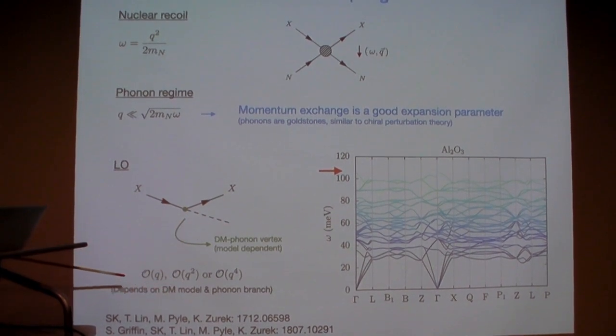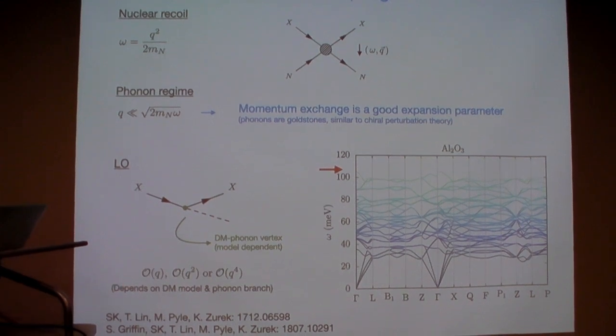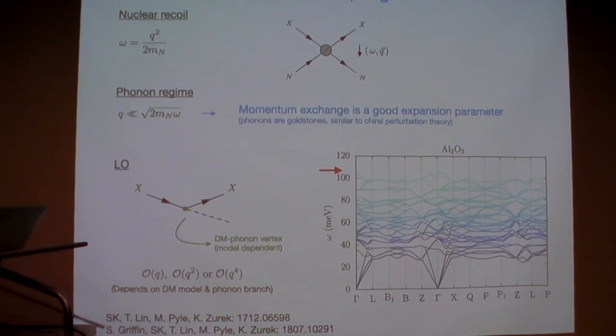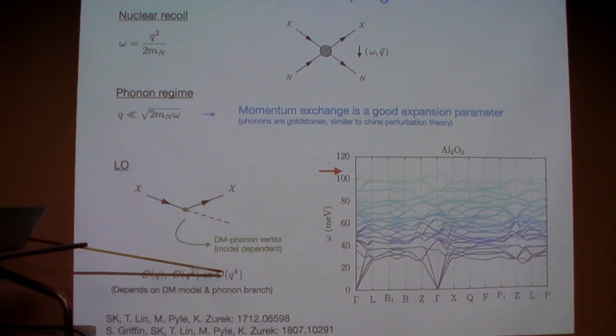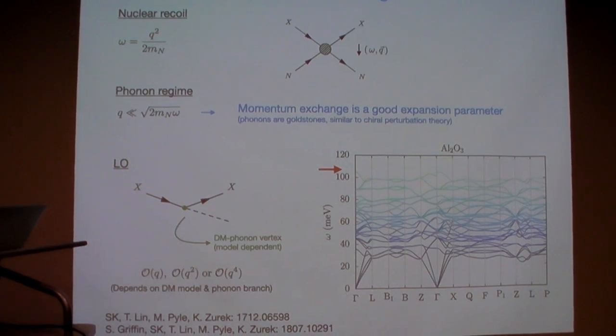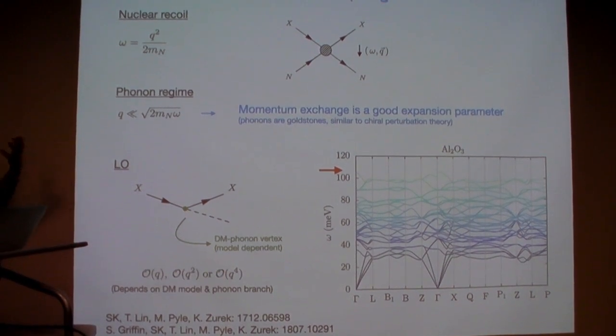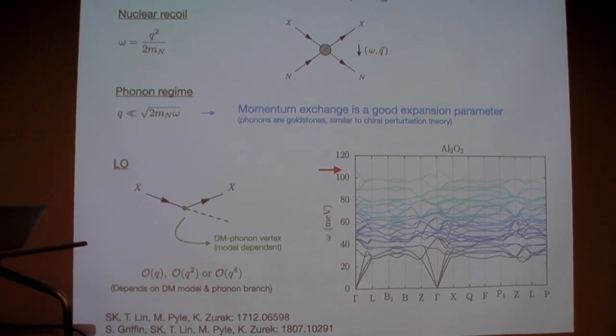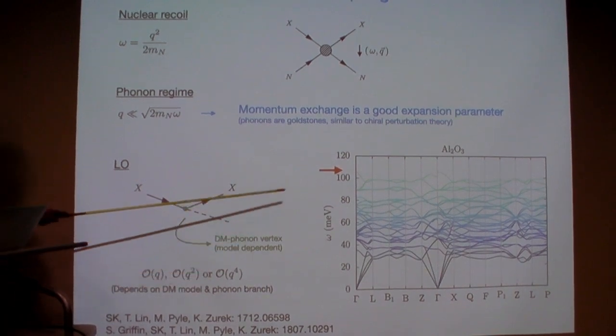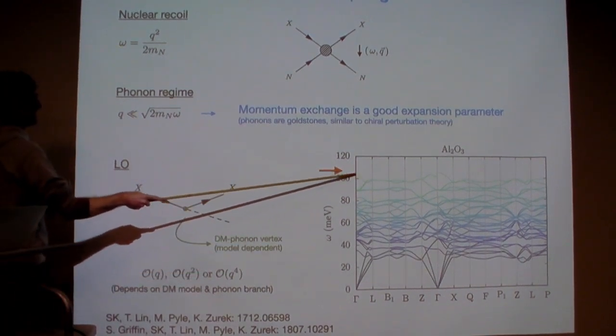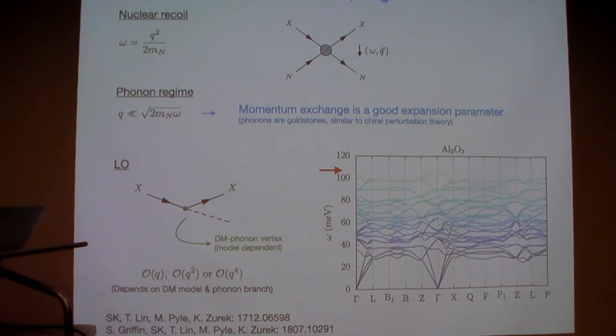Which phonon you produce depends on which dark matter model you're looking at, and how it scales with momentum is also dependent on the mode as well as on the dark matter model in question. This is a matching that we figured out a few years ago. For instance, it turns out that these higher optical modes over here tend to be very useful.